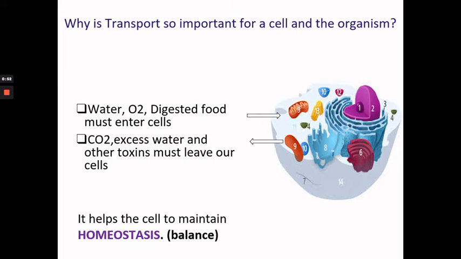And also the cell will produce some toxic materials which it has to remove into the outside environment. So things have to move in and out of the cell to keep the cell alive, to give the cell the materials it needs to survive. And all of these processes help to balance the inside environment with the outside environment of the cell. We call this homeostasis.